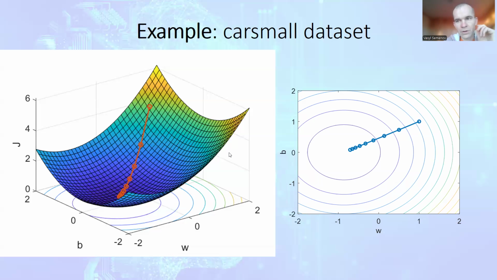Here I also compare the computation time for the scalar and vector implementations. The scalar implementation of gradient descent takes, I believe, 3.5 times more than the vectorized implementation. So in linear regression, we can find w and b both by the closed form solution and by gradient descent.